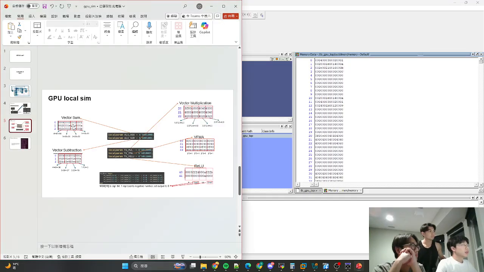So the vector sum is like this. The address 0 and address 1 are the input, and address 2 is the output.